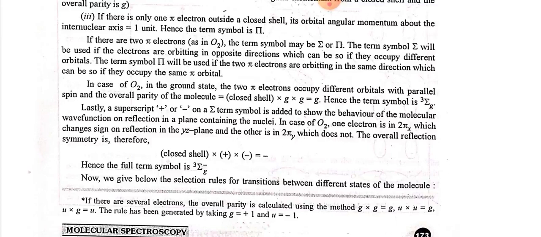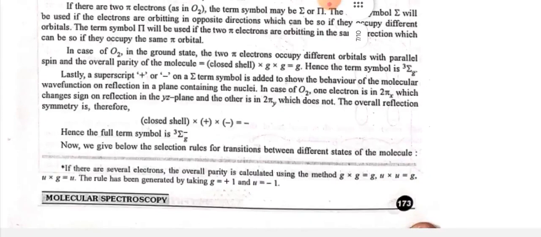The term symbol pi will be used if the 2 pi electrons are orbiting in the same direction, which can be if they occupy the same pi orbital. In case of O2, in the ground state, the 2 pi electrons occupy different orbitals with parallel spin, and the overall parity of the molecule is closed shell, gerade into gerade, that is g. Hence the term symbol is 3 sigma g.